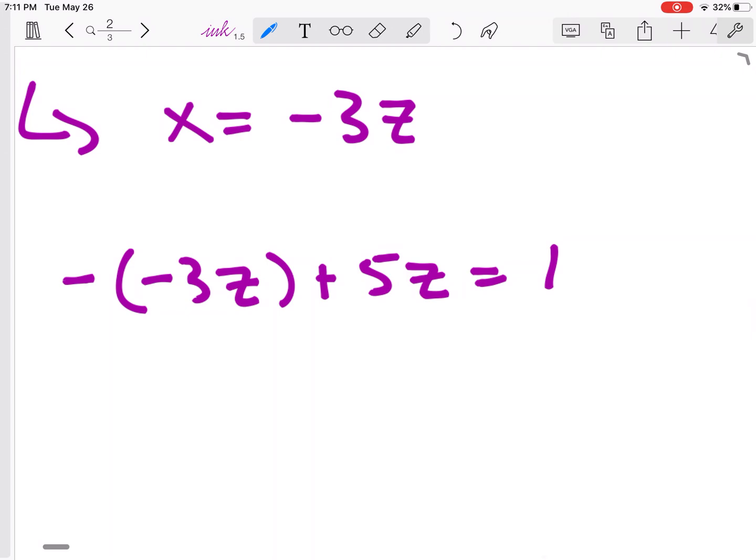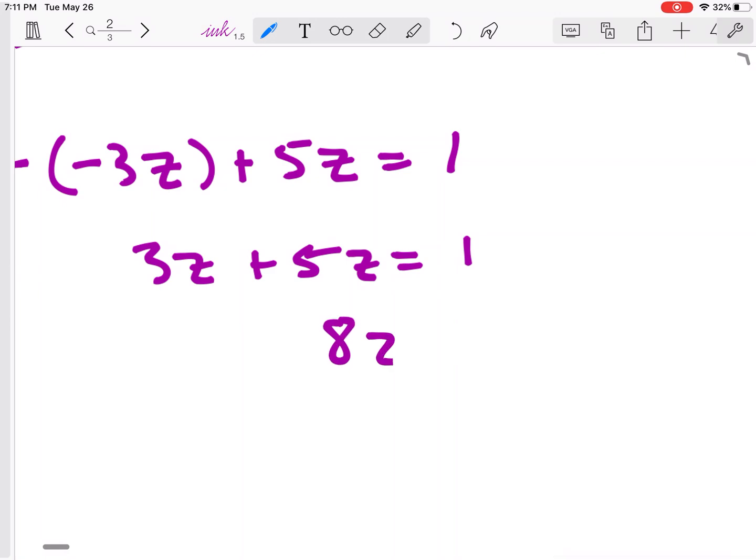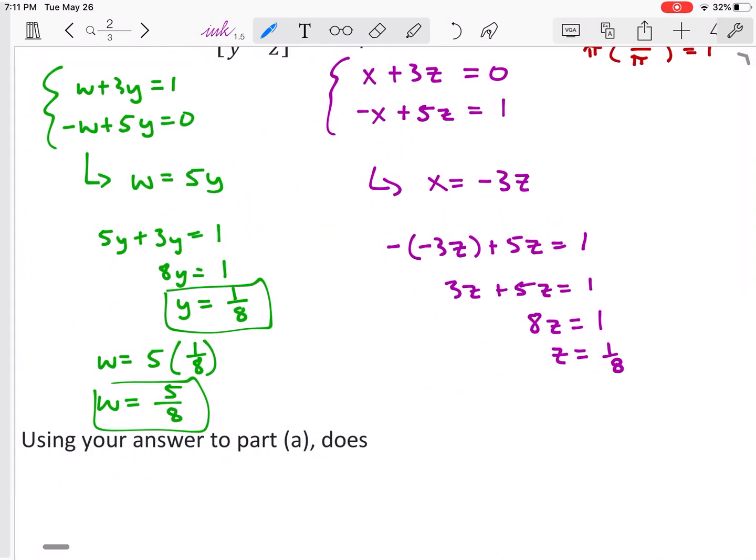Negative negative 3z is positive 3z. Add those together, we get 8z equals 1. Multiply by 1/8. We get z equals 1/8. Okay, so now we know what z is.